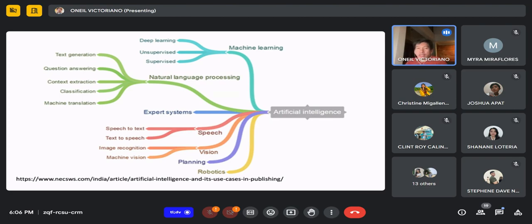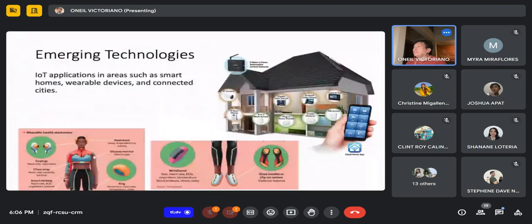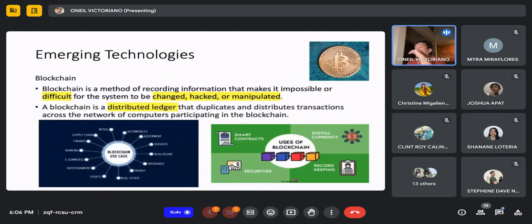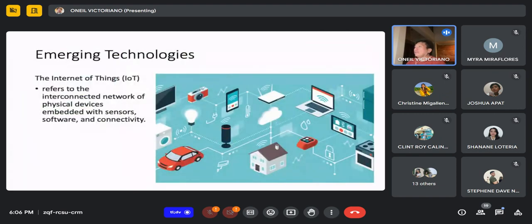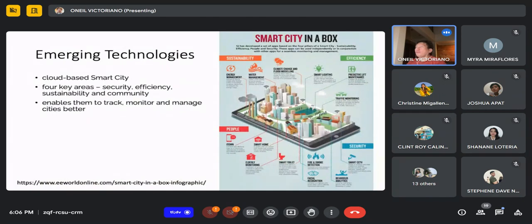So that's emerging technologies. So we discussed a lot of items here. We started with cloud computing, we have blockchain, we have Internet of Things, and then we have smart cities or smart computing. So smart computing is the basis for IoT or Internet of Things.